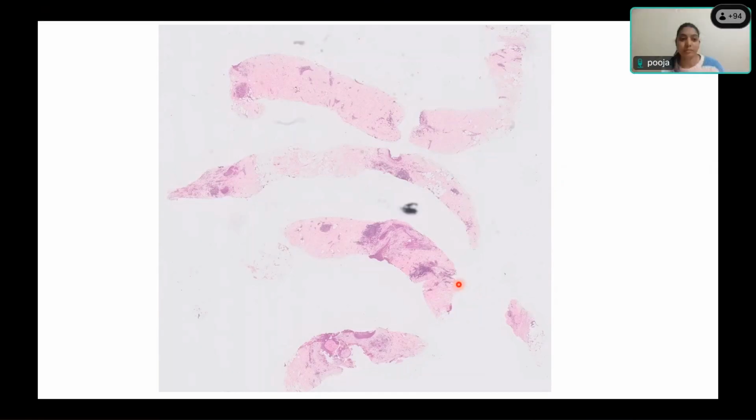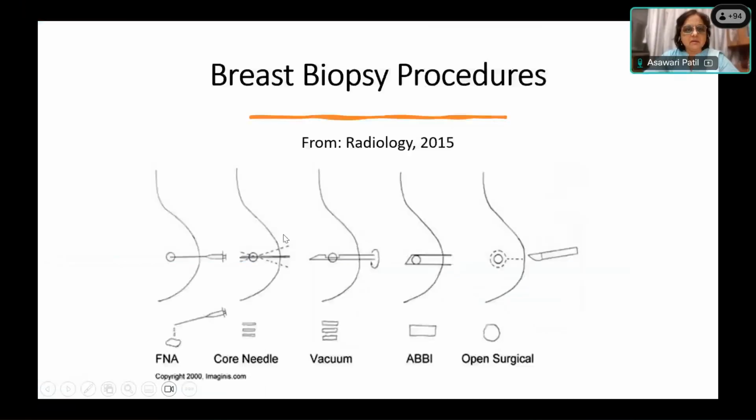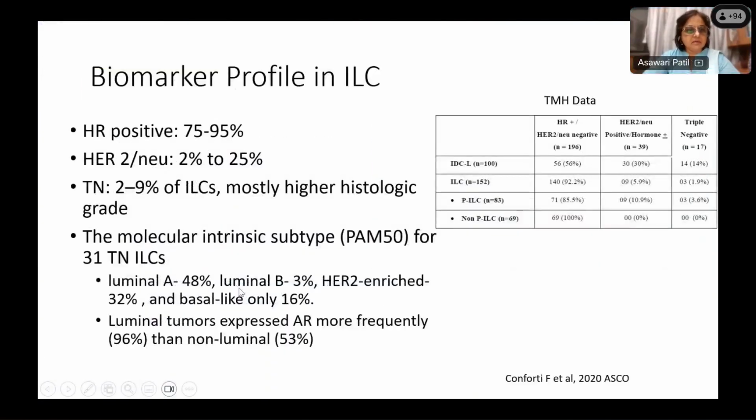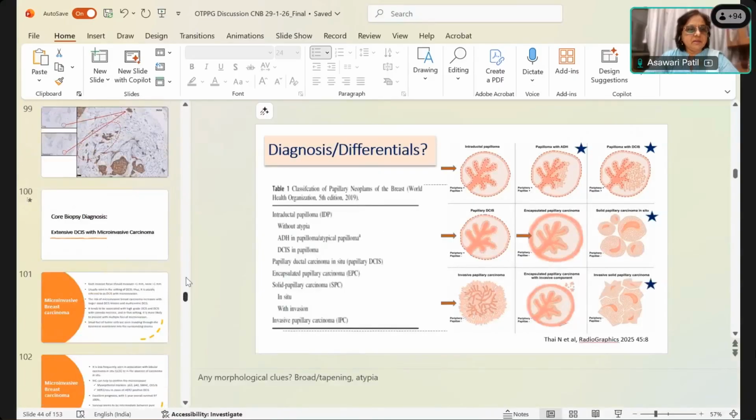Okay. Yes, ma'am, the histological section shows multiple fragments of tumor tissue. I have a problem here. Just give me a minute.